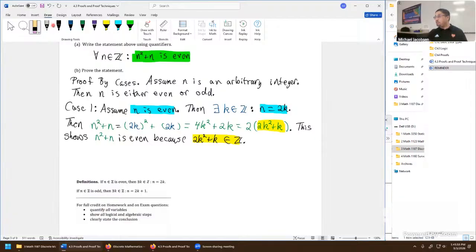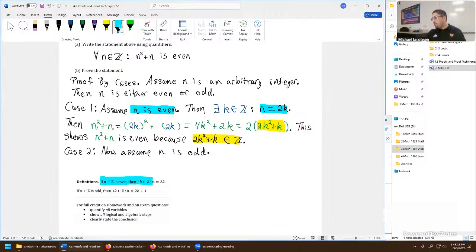We're going to say for case 2, now assume n is odd. So when we assume n is odd, we have this definition for even, but now we're going to this definition. We need to take an even integer, that's the 2k, add 1, now it's automatically odd. So we just have to quantify that, state the definition.